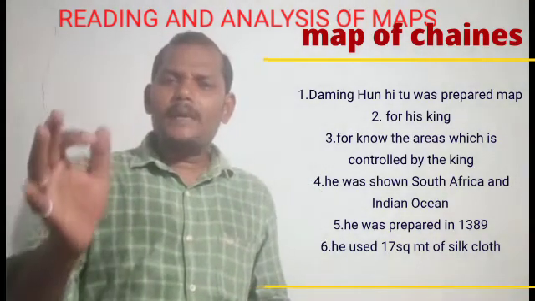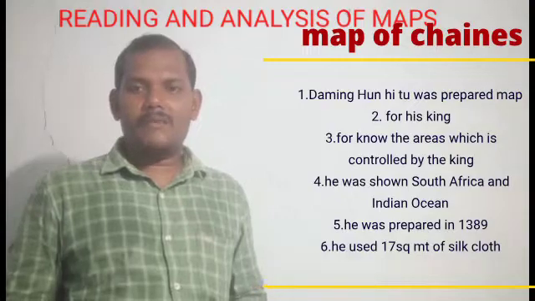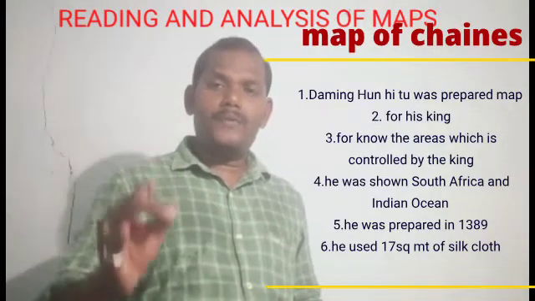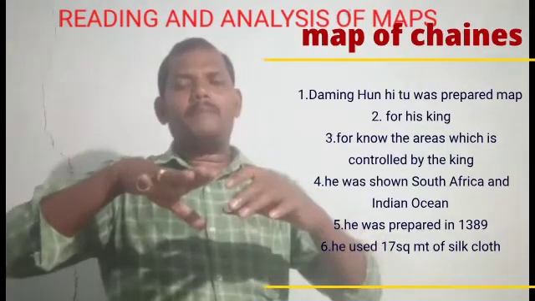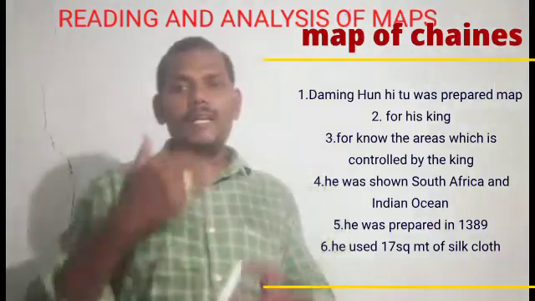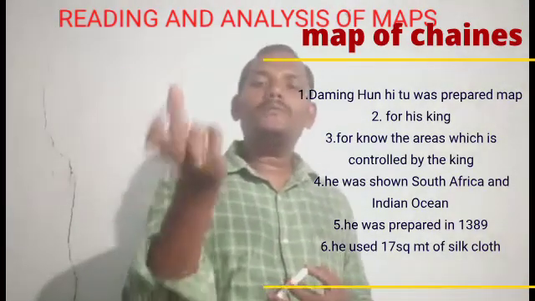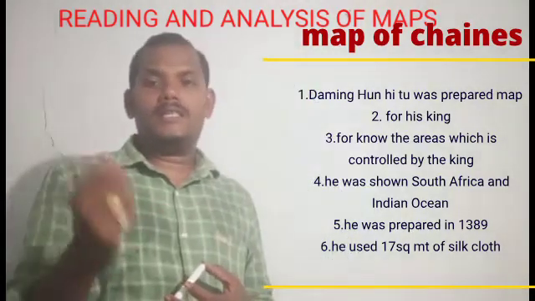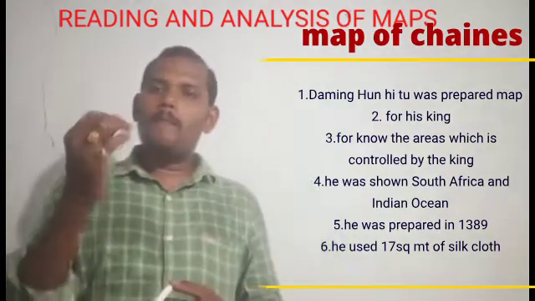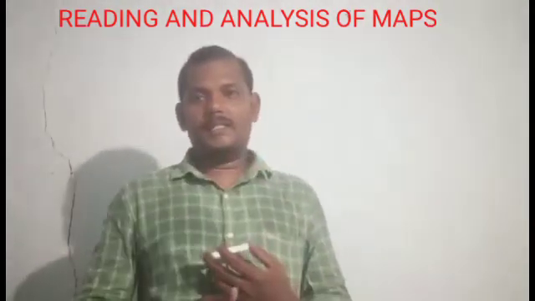He was the first person to show southern Africa. That means he prepared the map from the Indian Ocean side, from an Indian Ocean direction. That's why he could easily show the southern Africa region. This is the important area in this map. Right? This is the map of Chinese.